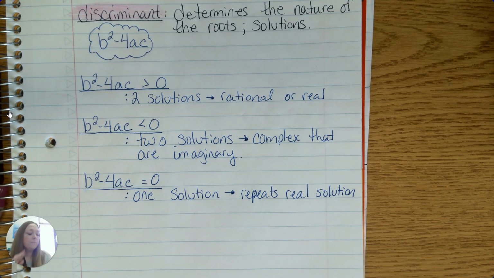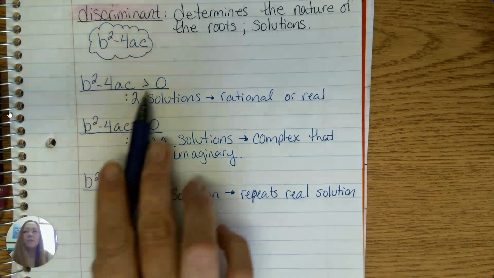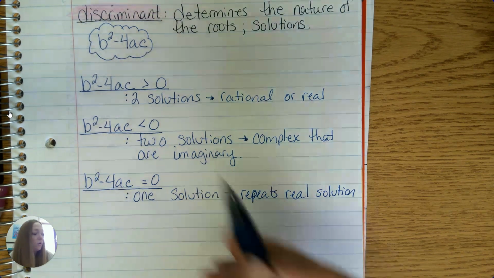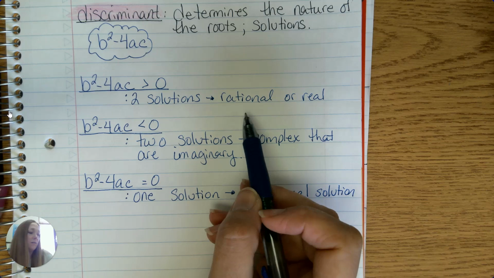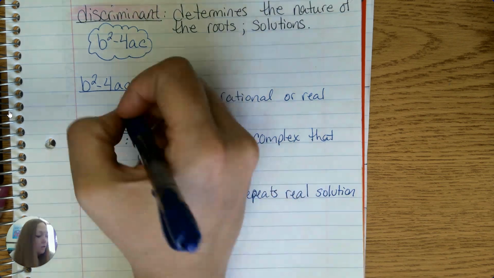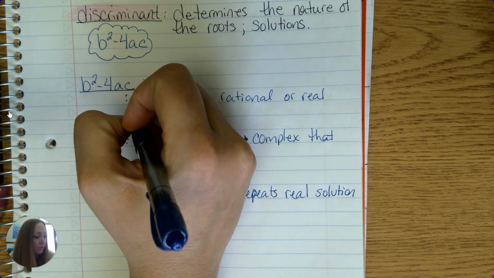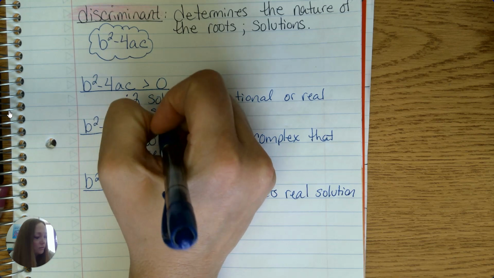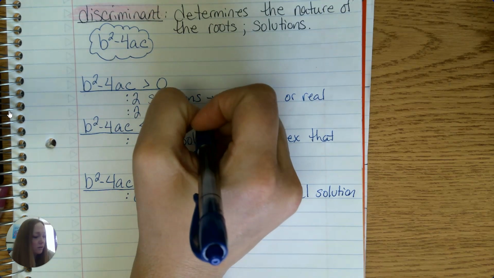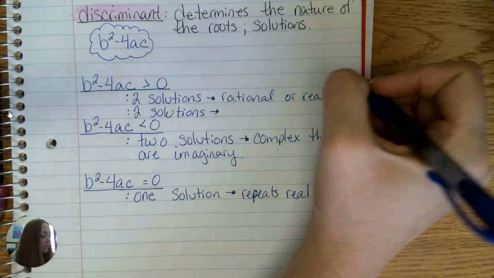And I want to go back and elaborate here. When we get a positive number that's greater than 0, we can have 2 solutions that are rational or real, if they are perfect squares.